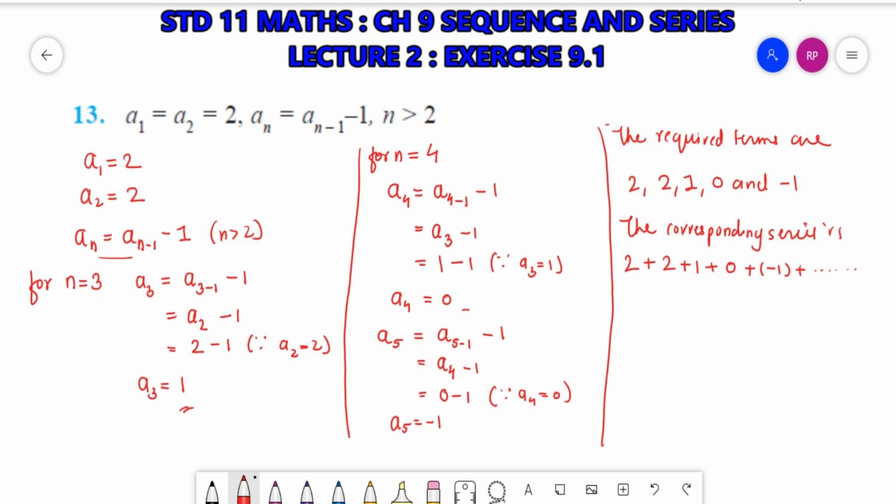So this was about question number 13. Just note it down.